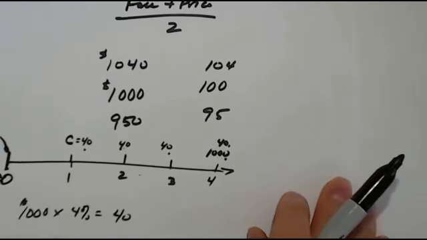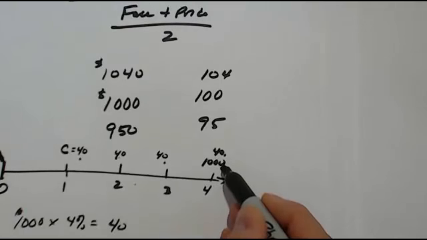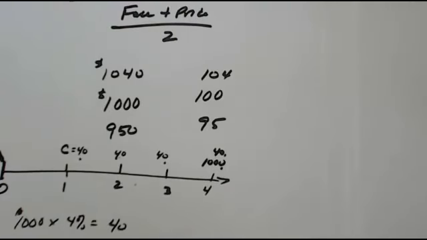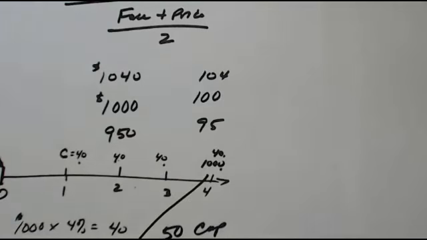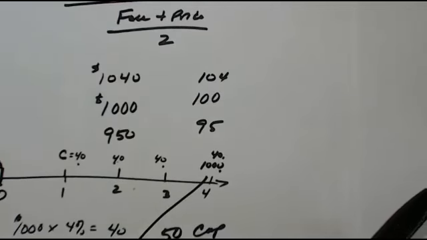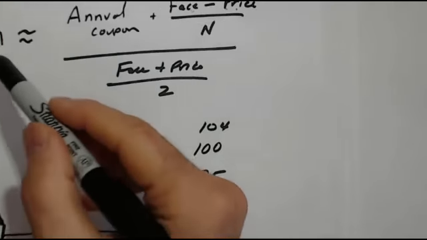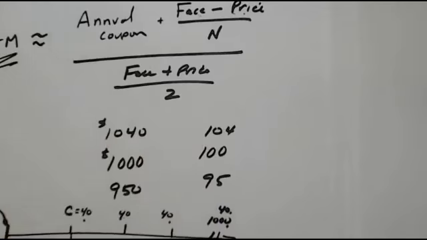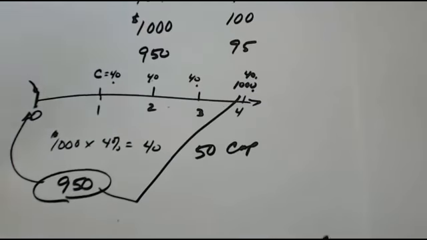Now, notice what's happening. You're buying this bond for $950, but you know it's going to mature for $1,000. So you know you're going to get a $50 capital gain over this 4-year period. But it's a $50 capital gain that's going to be spread out over 4 years. And so we want this annual yield to maturity to reflect that. If you guys can see that.